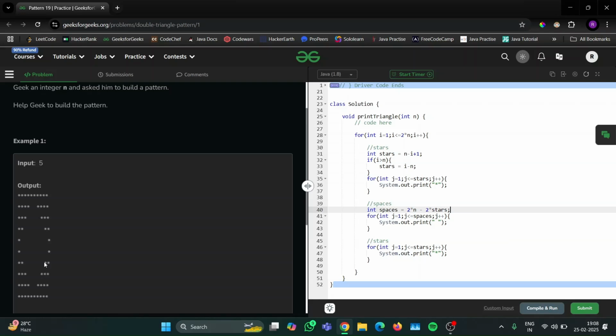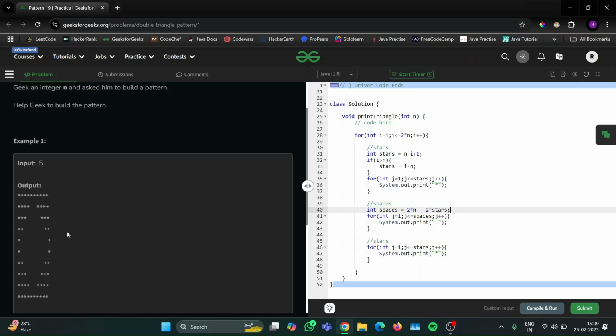So the number of times the inner loop will run is always going to be 2 into n. And the stars also are going to be 2 into stars, as the stars have two different sections. The first one is the left section and the second one is the right section.